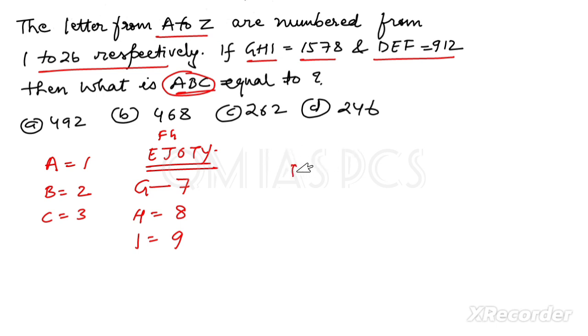Okay, so if you write the alphabet DEF, it is 456, but here it is given as 912.